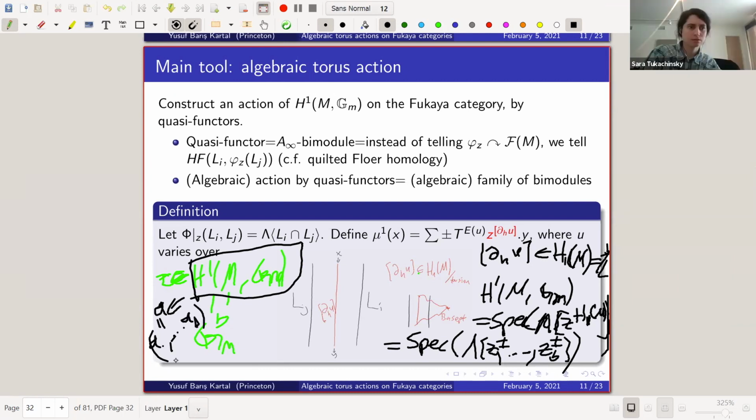And since this is an element here, you can write this as, do you see this part now? Okay, it's fine.